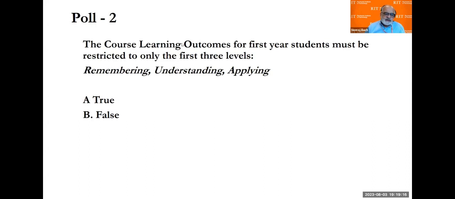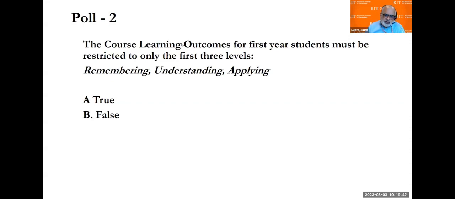The distribution of the learning outcomes may vary from course to course, but I personally don't believe that a first-year course can only have remembering and understanding, a second-year course remembering, understanding, and application, and then the third and fourth year have all six.